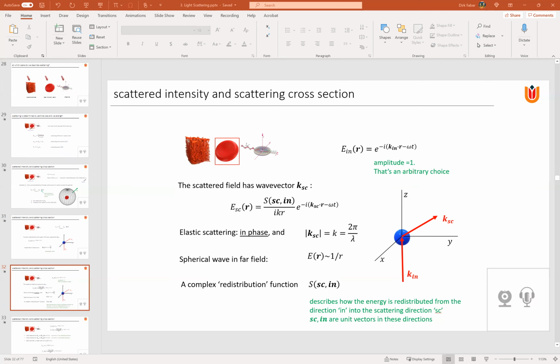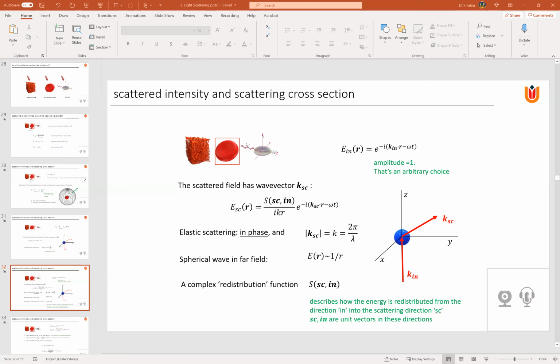So now we have an expression for the incident electric field that goes in still as a complex exponential. The amplitude is 1. That's an arbitrary choice. We can always scale that back, so not too much for that.